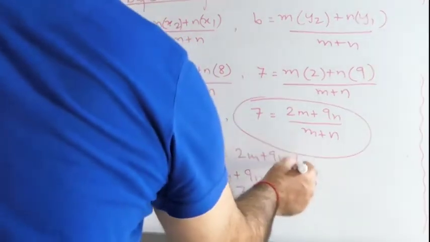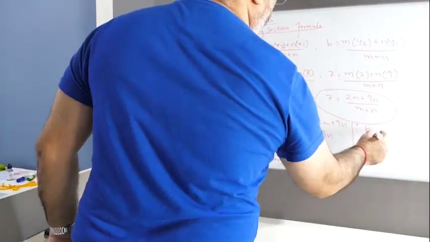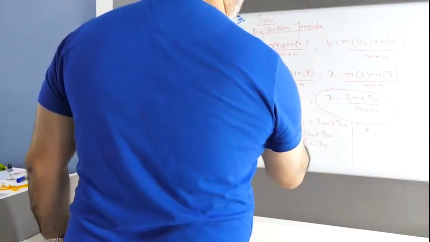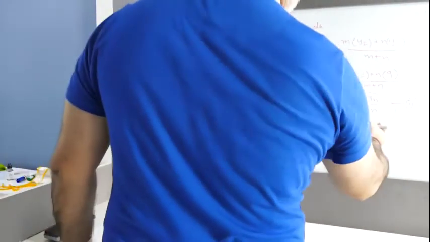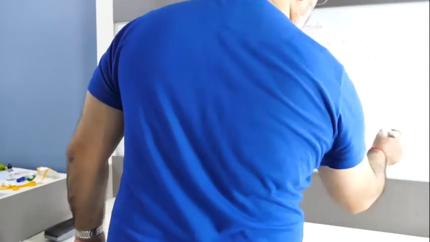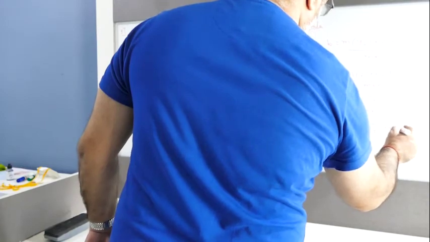So we will say, therefore, k equals to, so this is your Roman number 1, this is your Roman number 2, this you got from 2, and now you will say, therefore k is equal to 2 plus 8n.